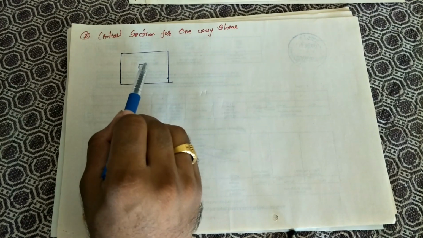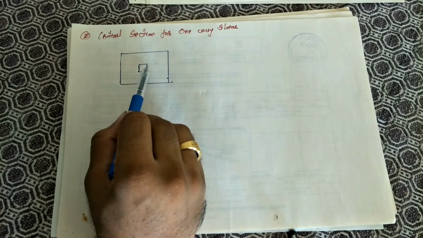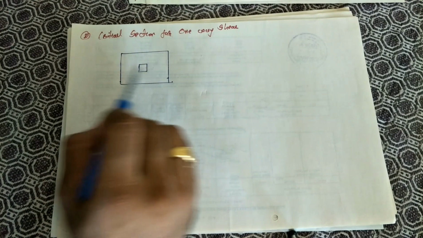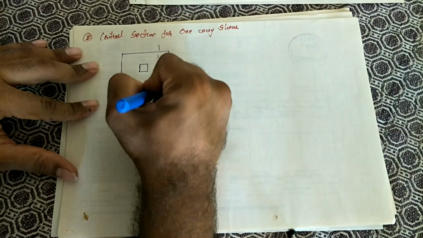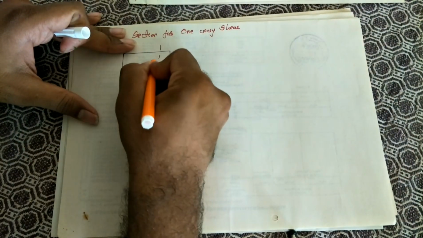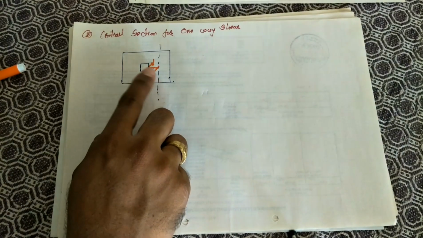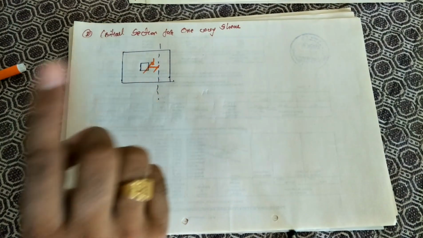So we will say that for one-way shear, the critical section is taken at a distance d from the face of the column, where d is the effective depth of the footing. We take the critical section at this distance d from the face of the column.